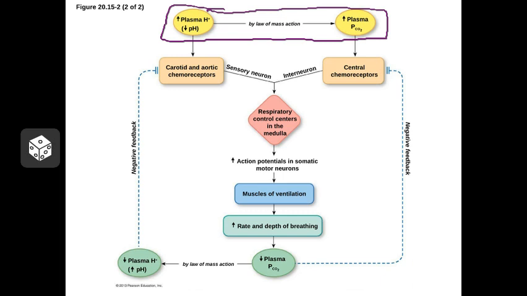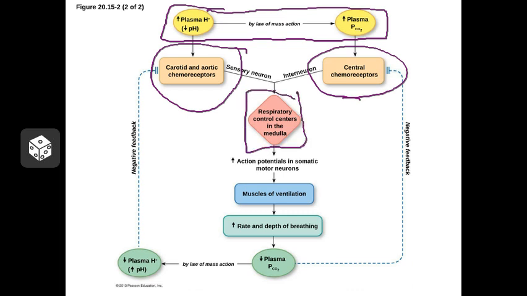We talked about how the peripheral chemoreceptors as well as the central chemoreceptors can influence the respiratory center. If plasma concentration is too high, that means the pH is low, and so this patient is in acidosis and needs to get rid of hydrogen.